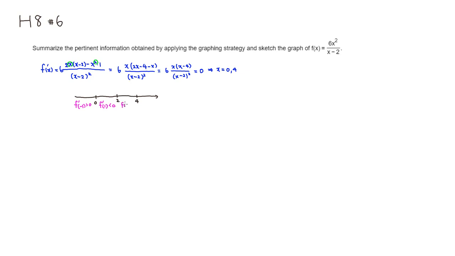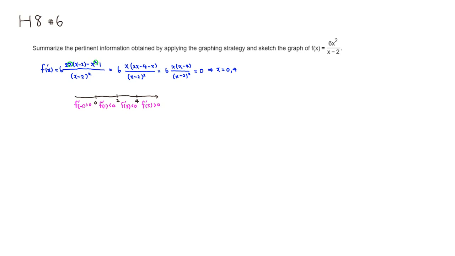Between 2 and 4, we try 3. 3 is positive, 3 minus 4 is negative, so it's still negative. Bigger than 4, I'll try 5. 5 is positive, 5 minus 4 is positive, so everything's positive.